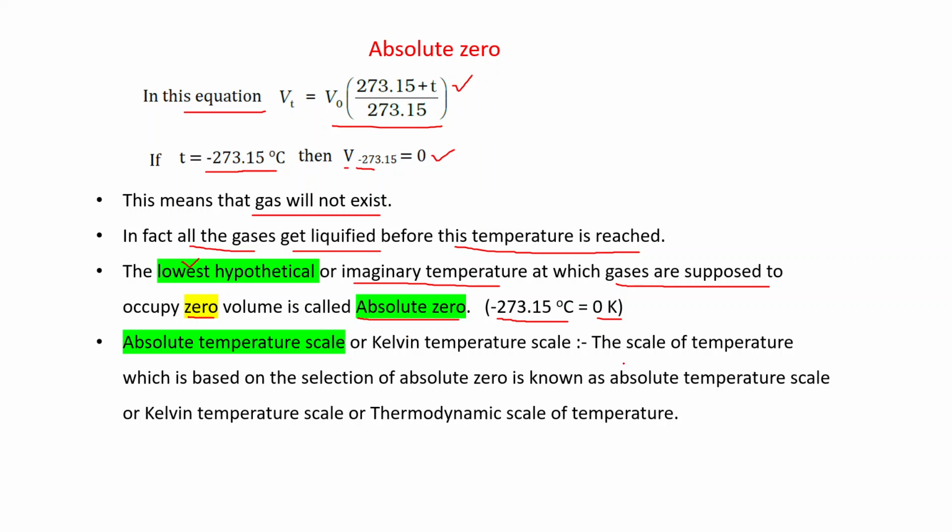The scale of temperature which is based on the selection of absolute zero is known as the absolute temperature scale, or Kelvin temperature scale, or thermodynamic scale of temperature. Now I think it is clear to you what is the meaning of absolute zero and what is the absolute temperature scale.